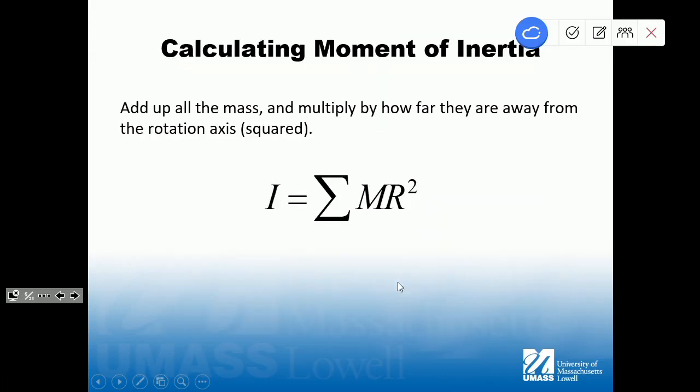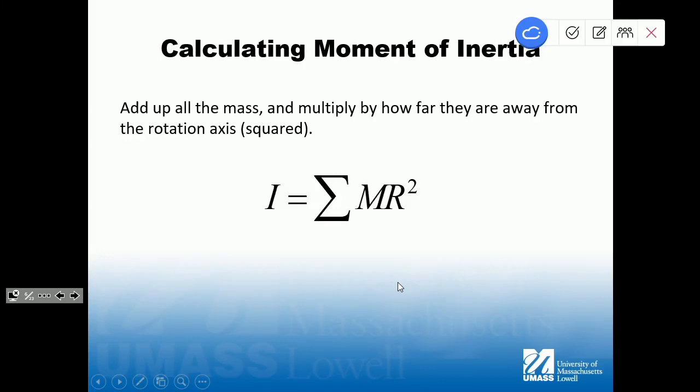The symbol for moment of inertia is I. It's called rotational inertia, moment of inertia, rotational mass. I'm going to be sticking to calling it moment of inertia, which is what your book calls it. We define the moment of inertia as this funky looking quantity, sigma mr squared.